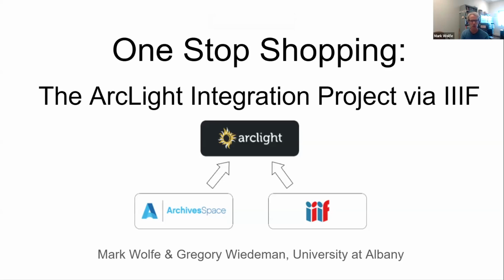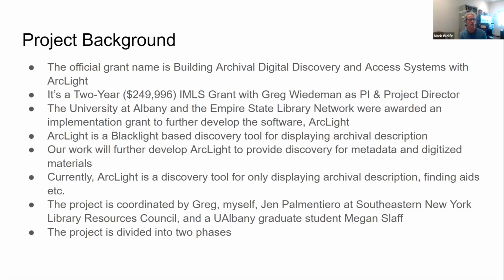Today, we want to give an overview of our project we're just starting. It's a grant project. We're just 3 months roughly into the project, and we want to share what we've done so far and what we plan to do. Our official grant name is Building Archival Digital Discovery and Access Systems with ArcLight.